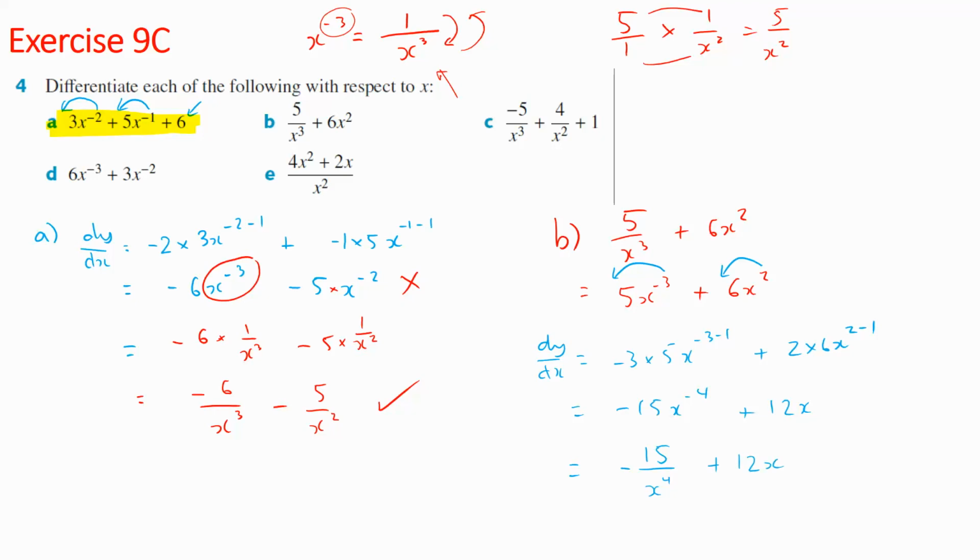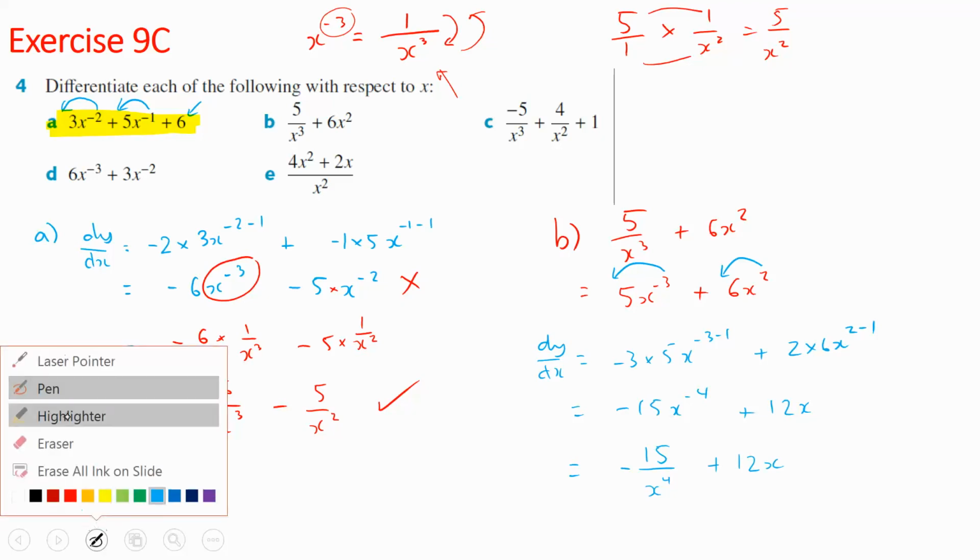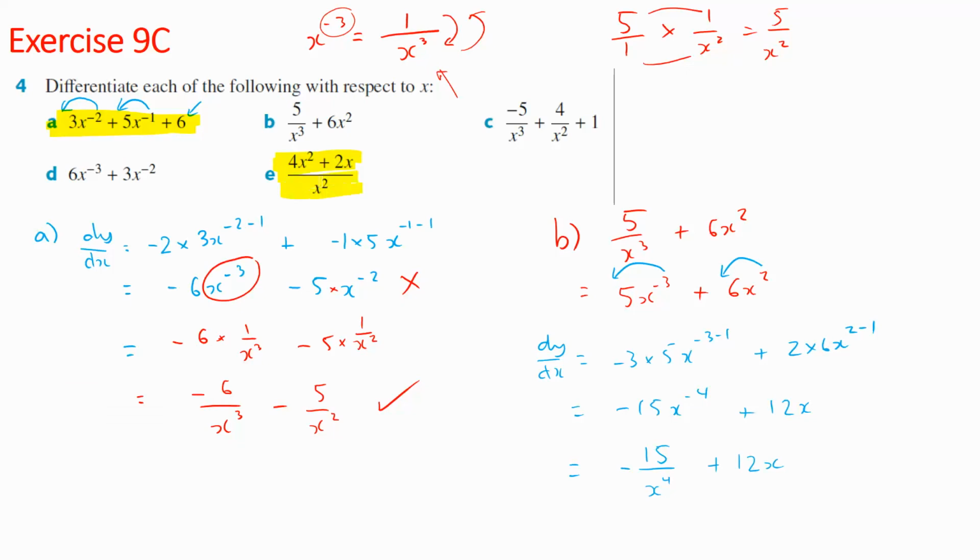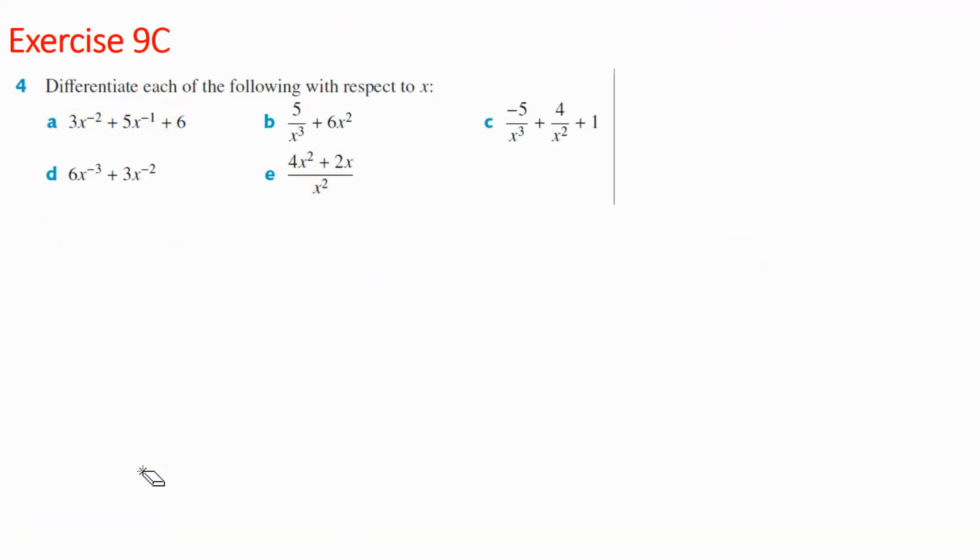If some of you hate fractions, you'd probably be intimidated by question E right now, and you shouldn't be. It all goes back to your basics, your index laws and whatnot. So I'm going to do E just so that you get an idea. Let me just erase it all again so it doesn't lag.